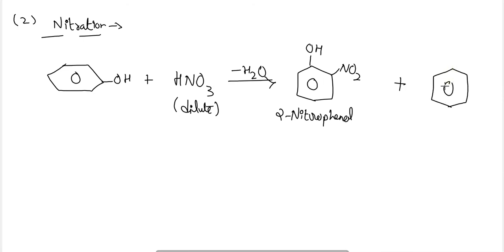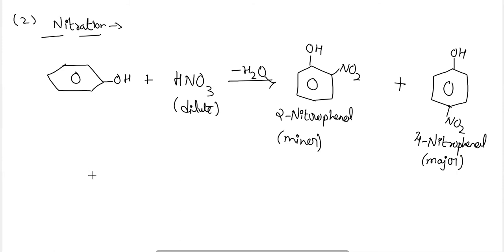This is the minor product. The major product will be para-nitrophenol, or 4-nitrophenol. So this is the nitration reaction.